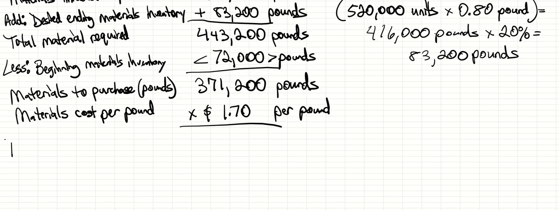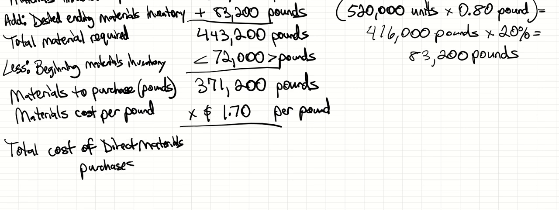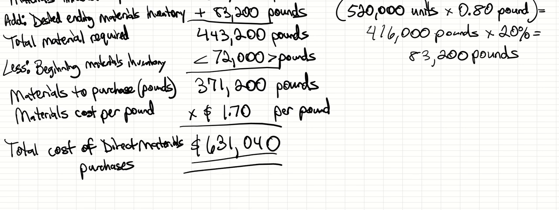So our total cost of direct materials purchase is going to be $631,040. So what we did here is convert the pounds into dollars.